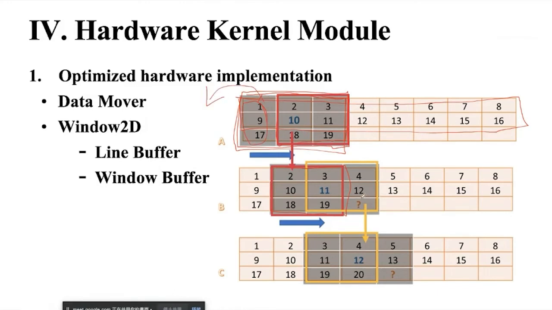In this column, the values in the first two rows will come from the line buffer, and this pixel will come from the memory. So it is the only input in the window buffer.